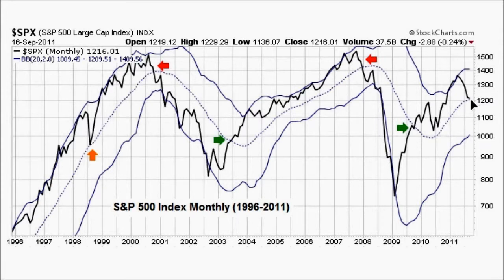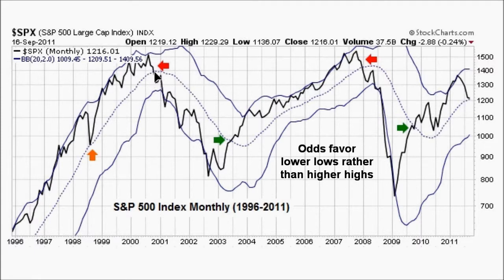So you have to ask yourself, what are the odds of us moving to 1409 versus the odds of something like this happening where we break through and go to the lower band? That's right around 1,000. Given the problems that we have in the world, in Europe, that policymakers don't have many levers that they can pull anymore, we've got persistently high unemployment, we've still got technical sell signals that are, in terms of a majority, still greatly outnumbering anything that looks neutral or bullish.